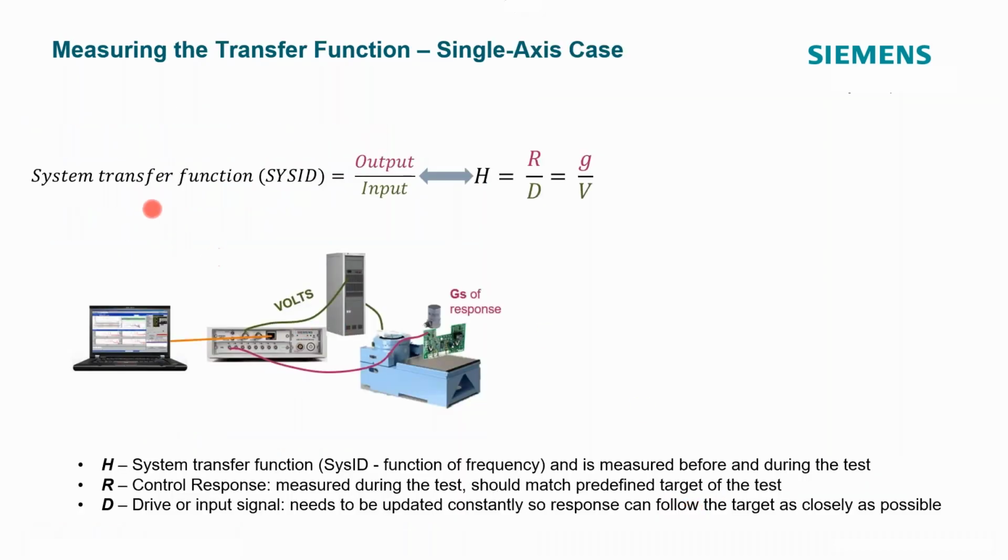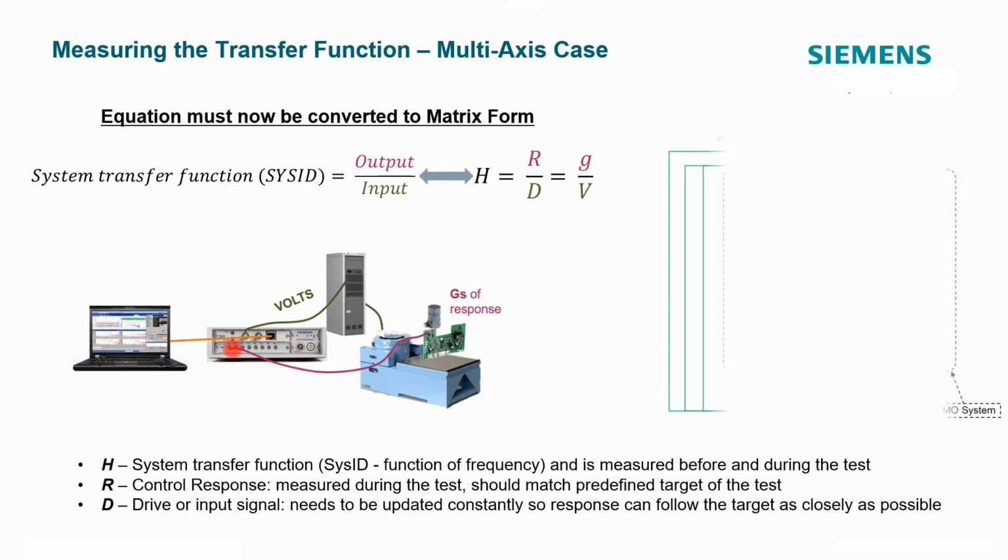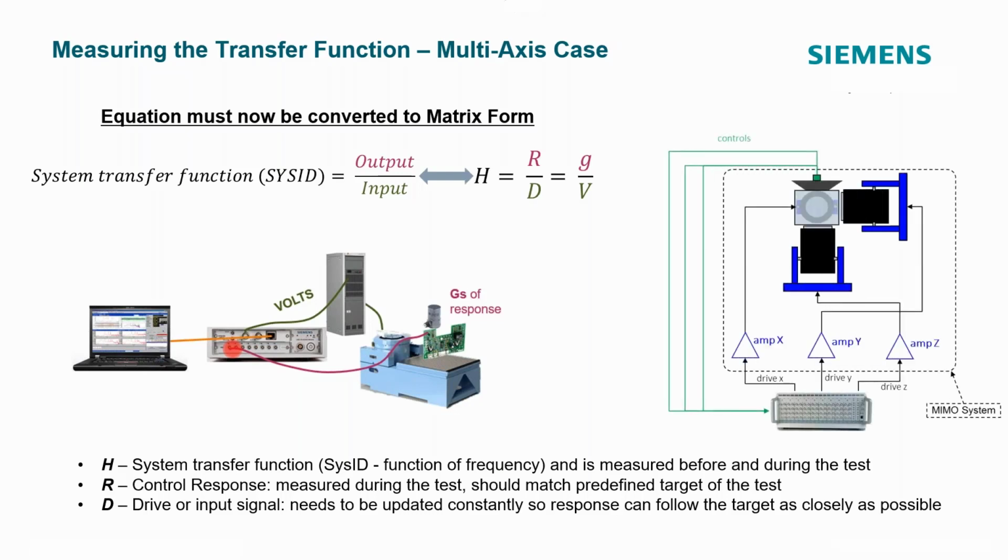Here's our SysID. We're measuring the response over the drive. We've got G's per volt. We're measuring the voltage out through the amplifier, through the entire system. That voltage is going through the system, exciting the structure, and then we're measuring the G's coming back. Now we want to convert that into a multi-degree of freedom case where we have multiple amplifiers and multiple excitations.